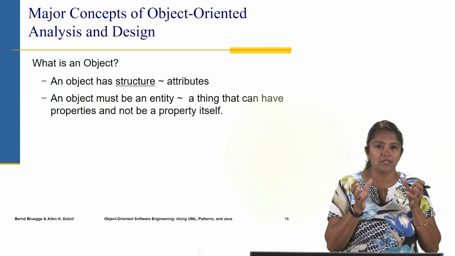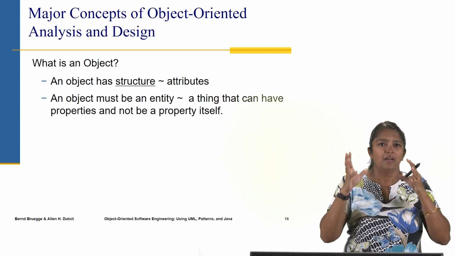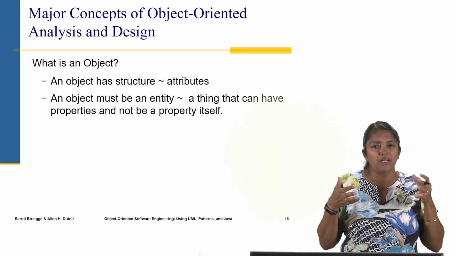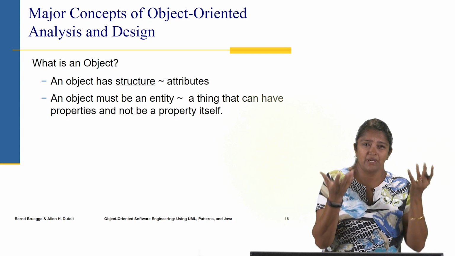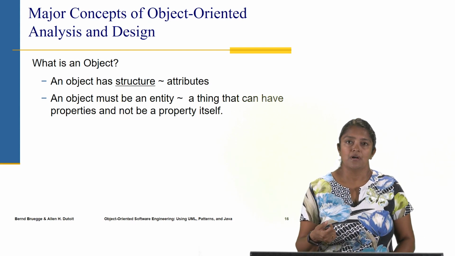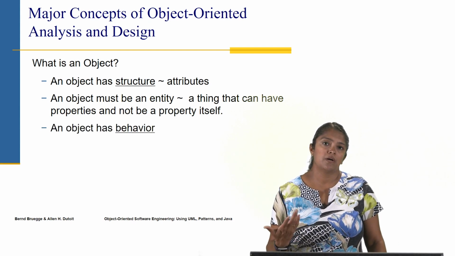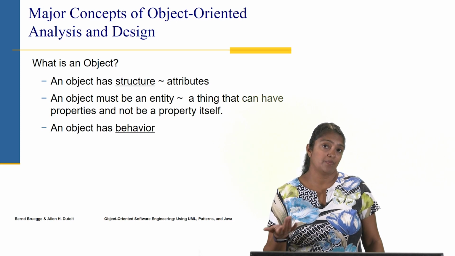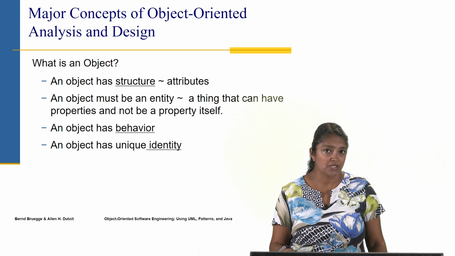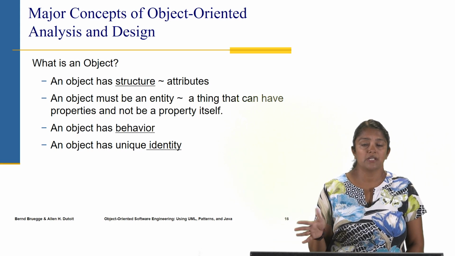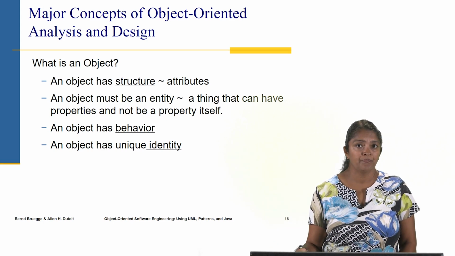It is a thing, it is a concept, and it can have certain properties or attributes. Now it cannot be the property itself. It should be a thing that has some properties. And then it also has some behavior. Typically that's what an object is, and an object always has a unique identity as well.